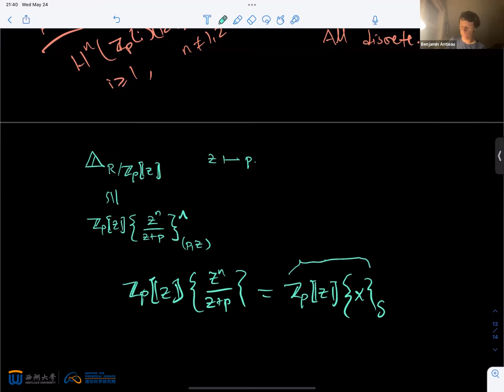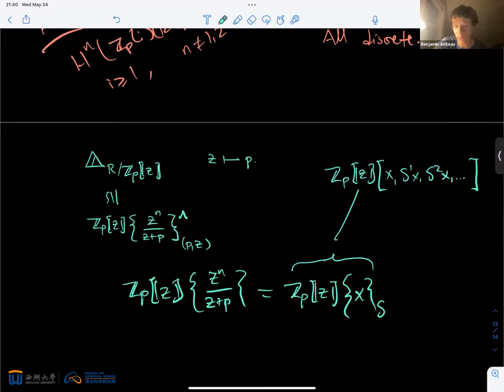Let me just make an aside. This free delta ring is just a polynomial ring on symbols x, delta_1 x, delta_2 x, and so forth. So it's literally just a polynomial ring in countably many generators as a ring. There's some extra structure, but that does not matter for what I'm about to say.